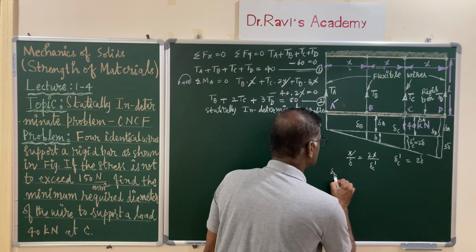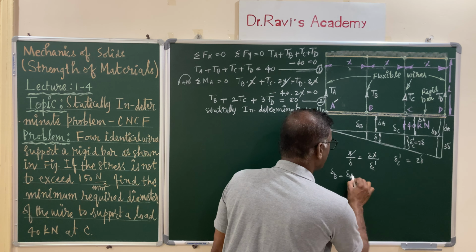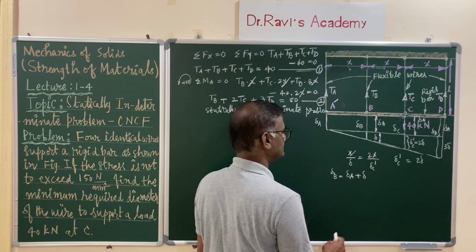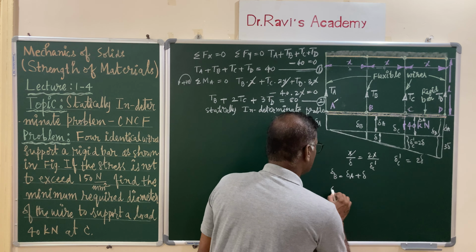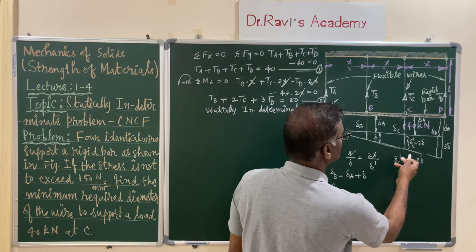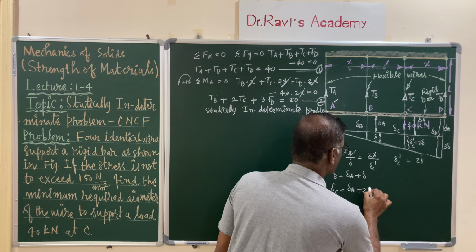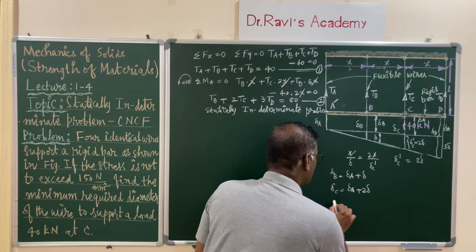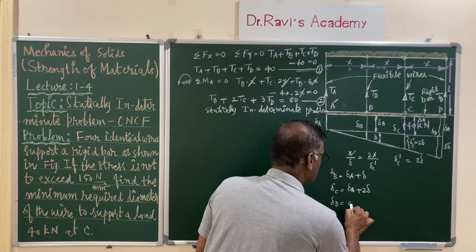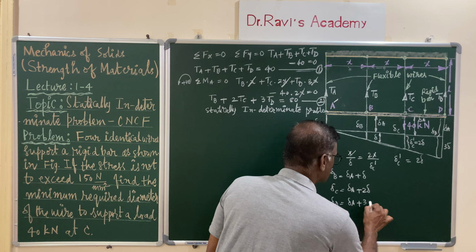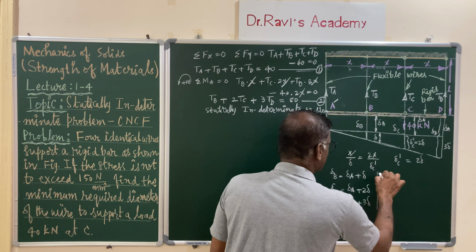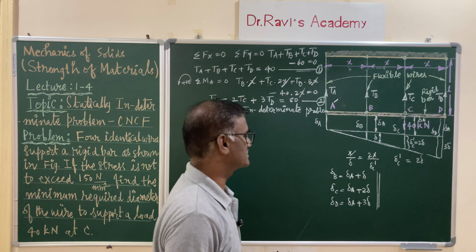Delta B is equal to delta A plus delta, delta C is delta A plus 2 delta, and delta D is delta A plus 3 delta. These are the equations of extensions.